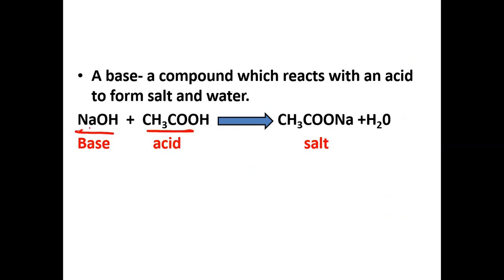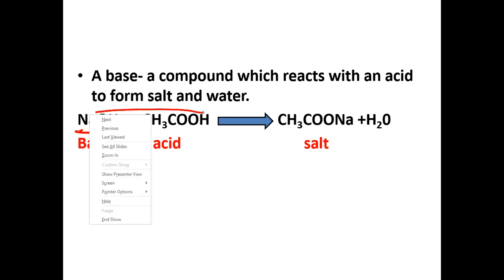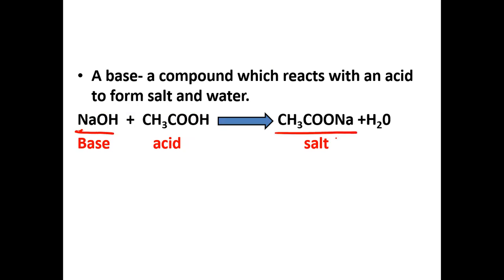We can see that the sodium here was able to replace the hydrogen to give us a salt, which is the sodium acetate salt. So once you're able to form a salt from the reaction between this base and this acid, then this compound here qualifies to be a base according to the pre-ionic definition.